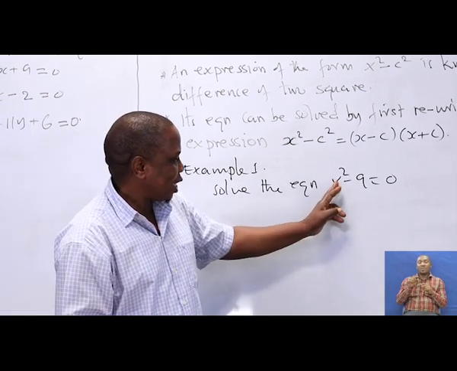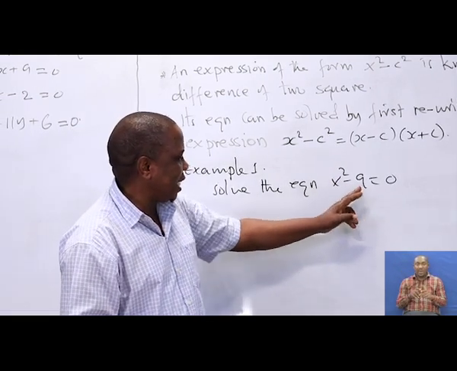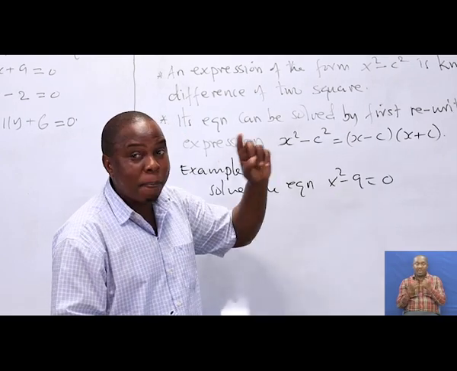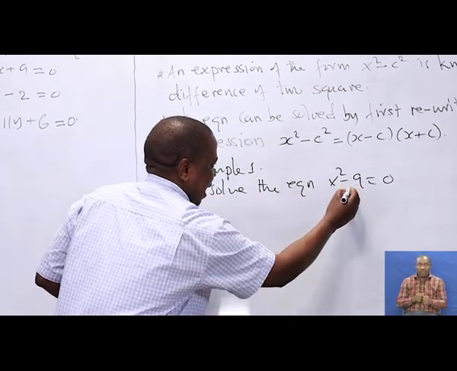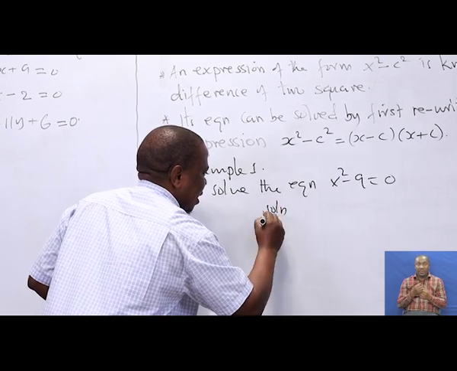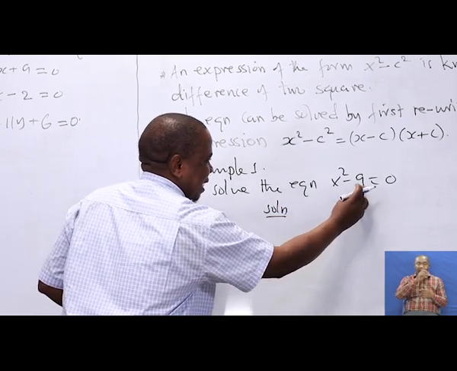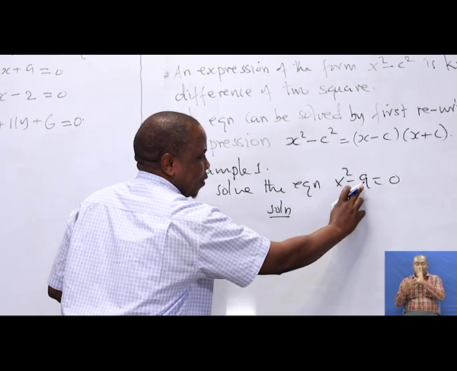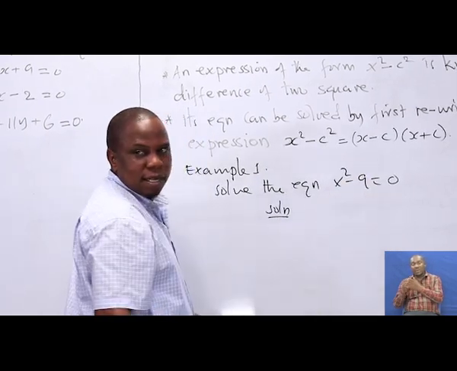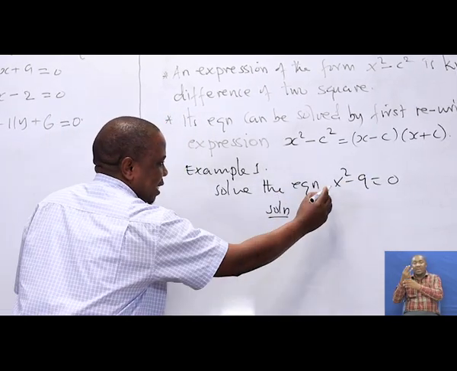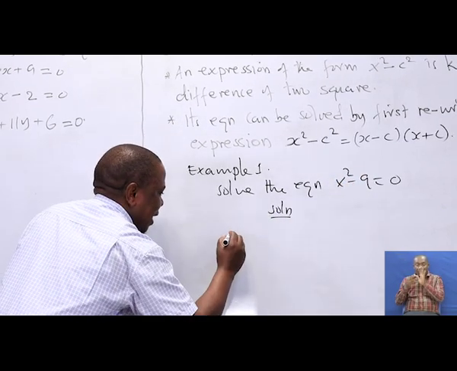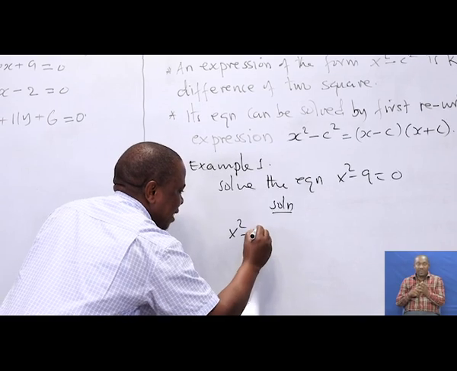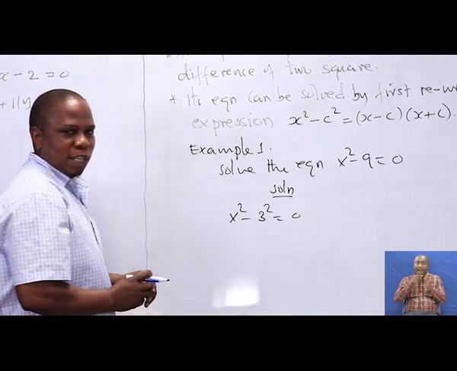But as long as this 9 here can be written in power form to the exponent of 2, then here, solution: the x squared minus 9, this 9 here can be written in power form as 3 power what? 3 power 2. So instead of writing x power 2 minus 9, this can be written as x squared minus 3 power 2. This is equal to 0.